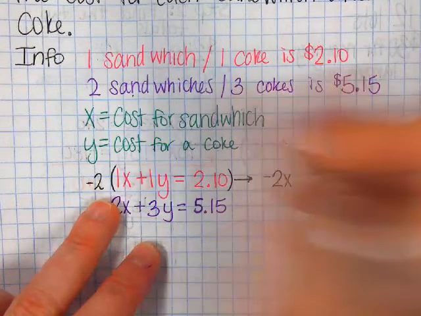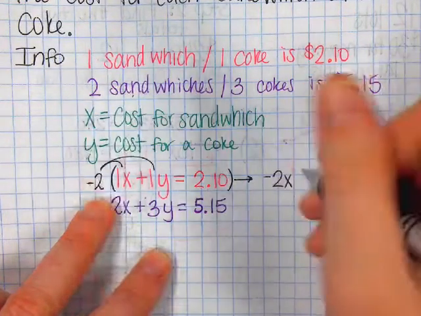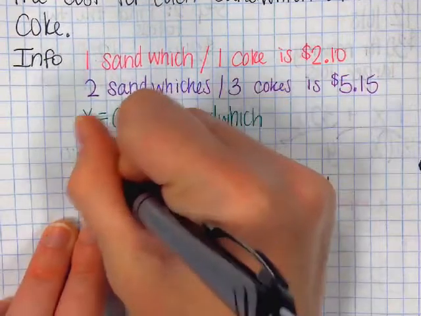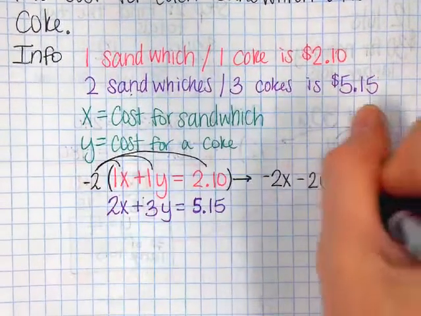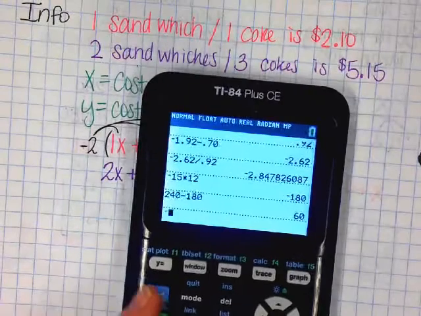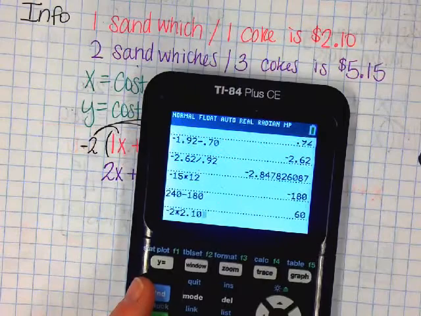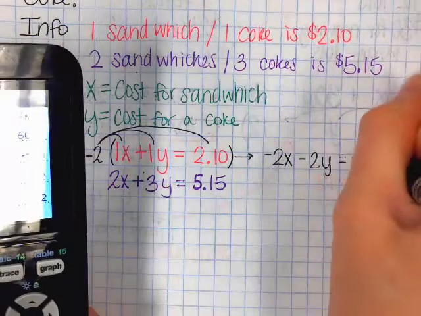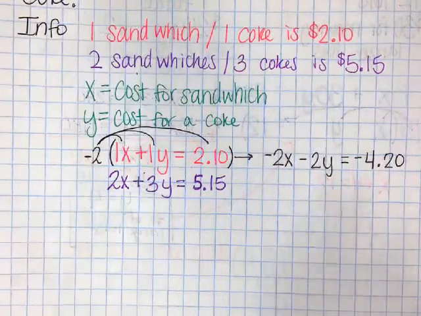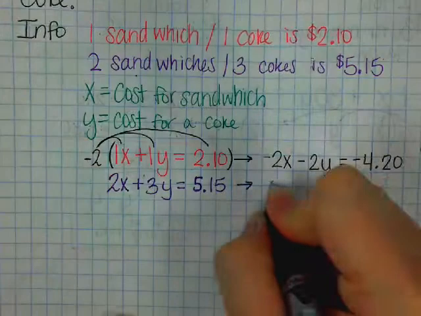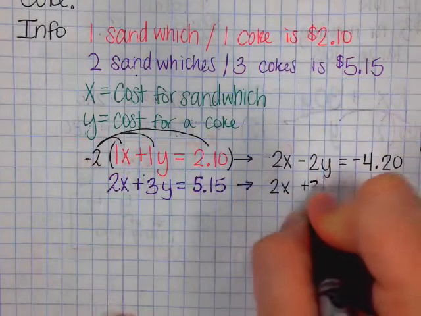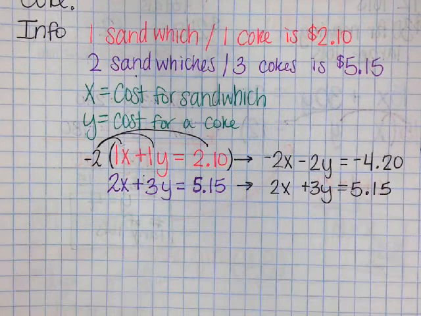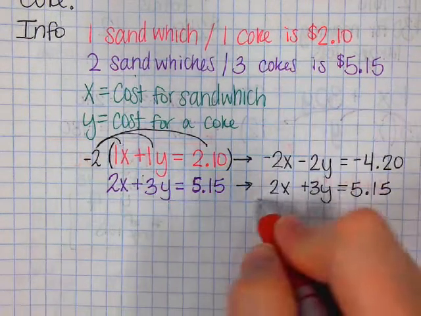So -2 times 1x would be -2x. -2 times 1y would be -2y. -2 times 210 would be -420. This equation just gets rewritten: 2x plus 3y equals 5.15.